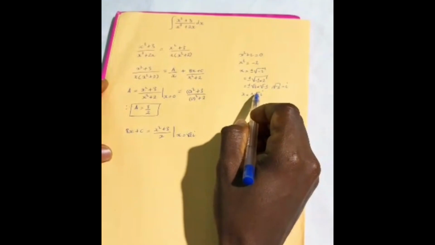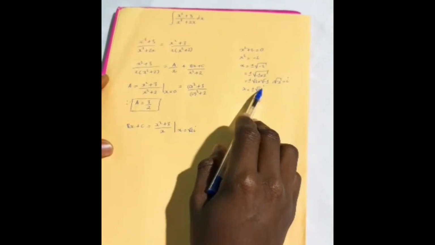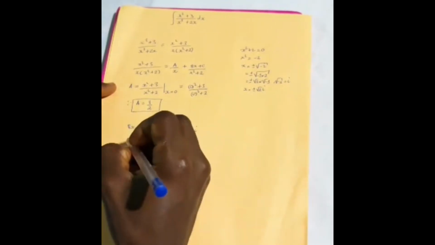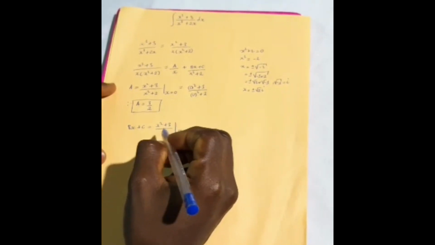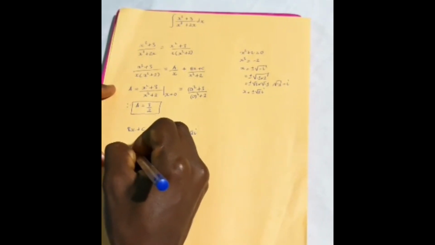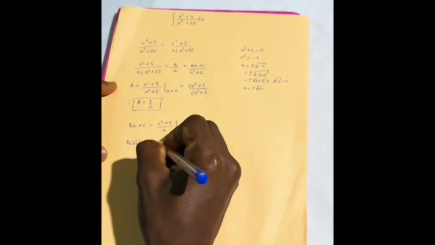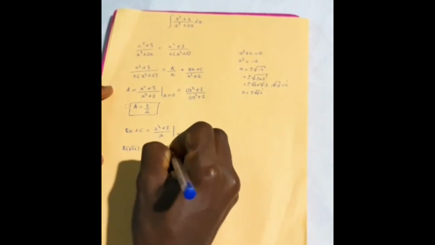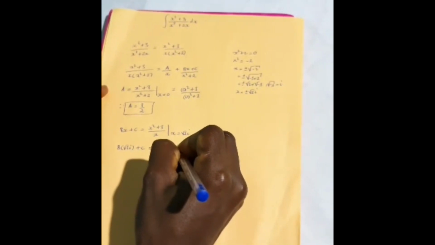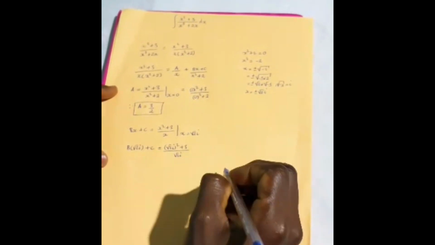Now we are going to be taking the positive root, which is positive root 2i. Anywhere we see x, we substitute it by root 2i. So we have b times root 2i plus c equal to (root 2i squared plus 3) divided by root 2i.